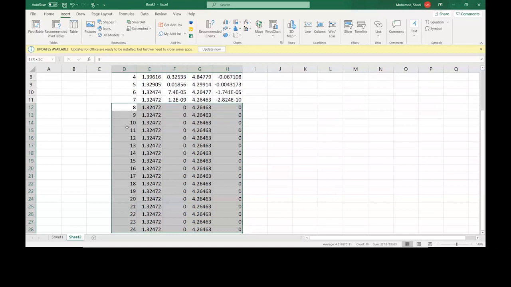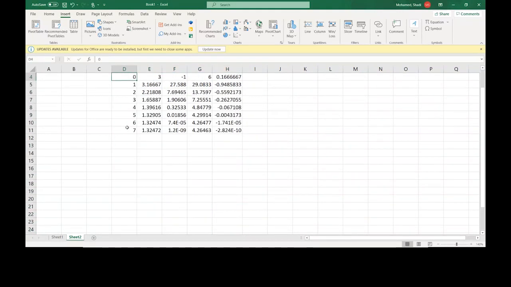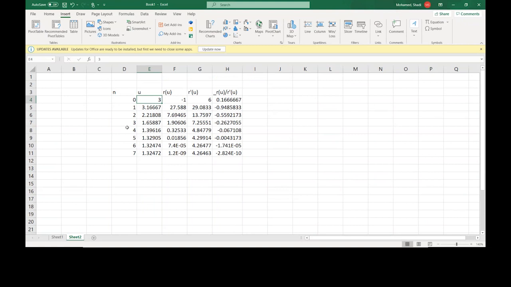This iteration, we'll just erase them. Okay. So it is 3, x squared minus 10.